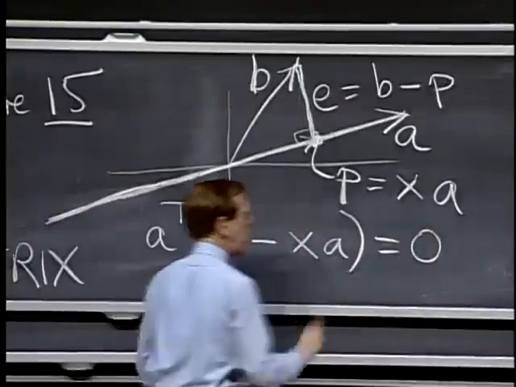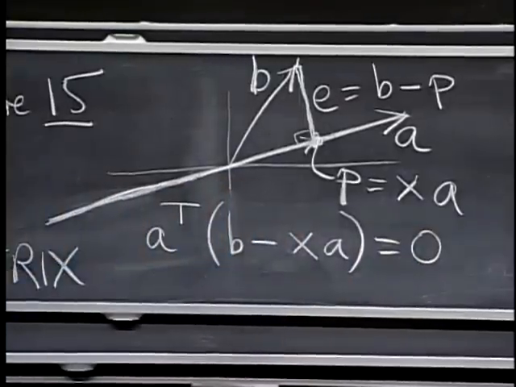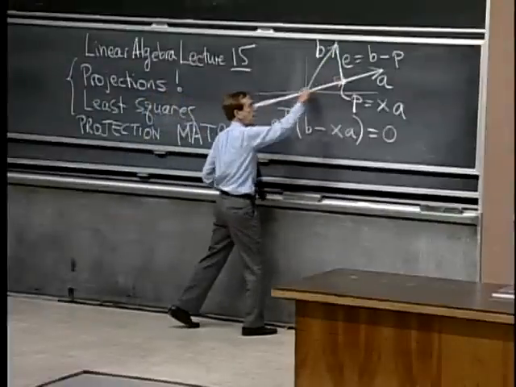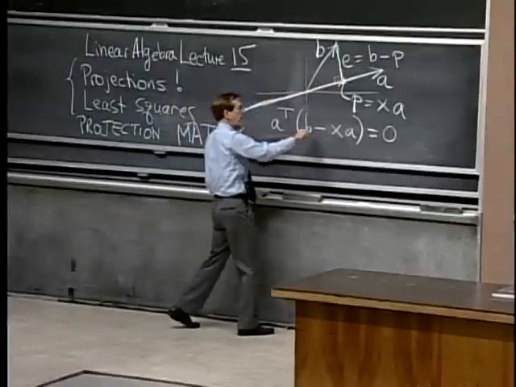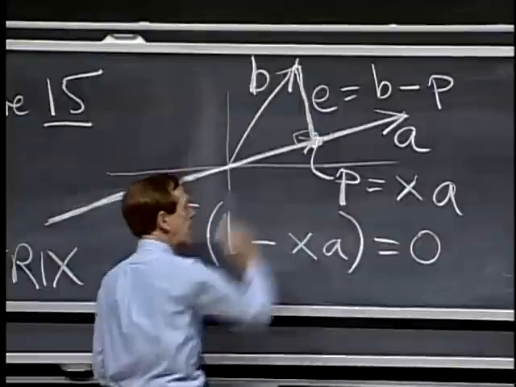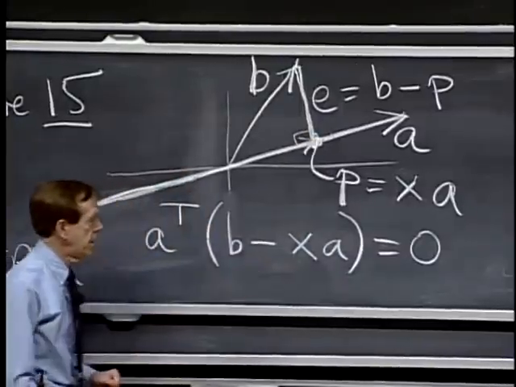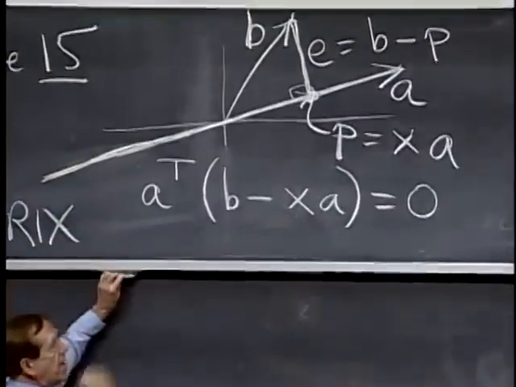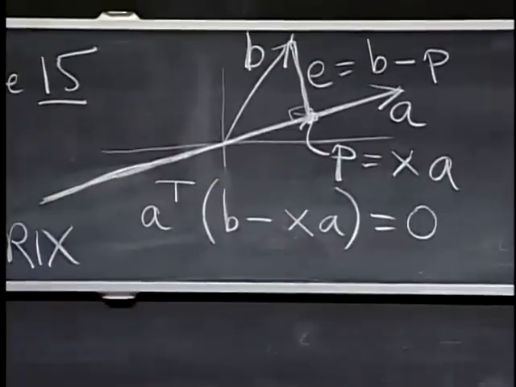That equals 0. Do you see that as the central equation? That's saying that this A is perpendicular to this correction. That's going to tell us what x is. Let me just raise the board and simplify that, and out will come x.